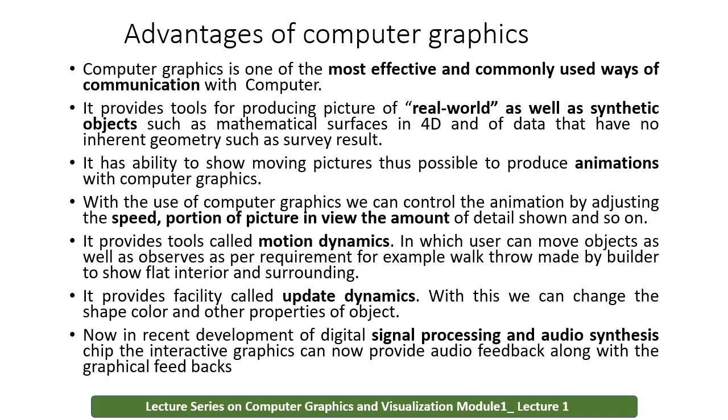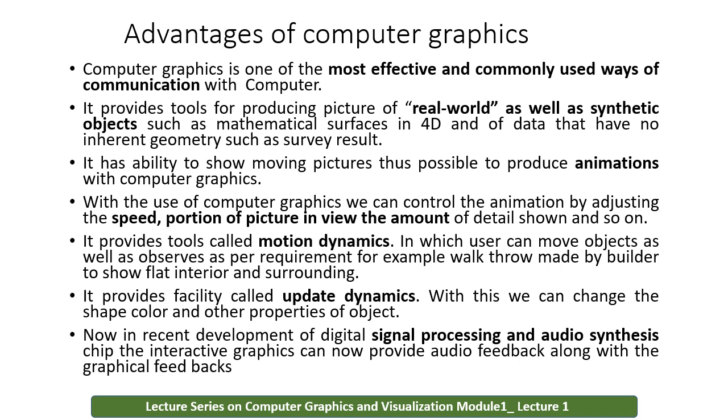So that communication happens between the user and the computer. It also provides producing the picture in the form of the real world. Whatever the real world picture is, it is going to be created in the form of synthetic objects such as mathematical surfaces in 4 dimensions and data that have no inherent geometry.